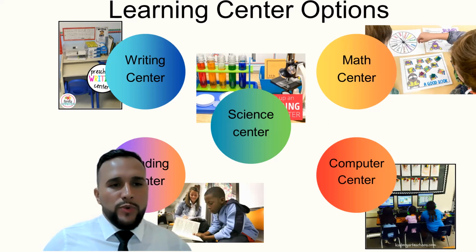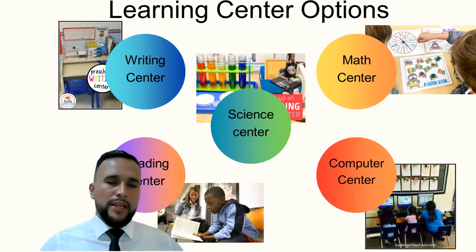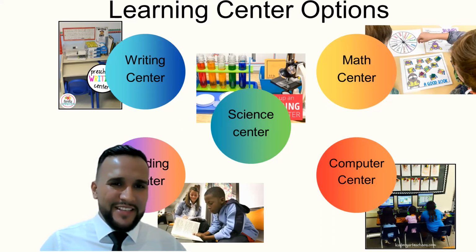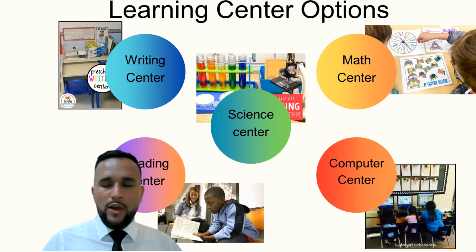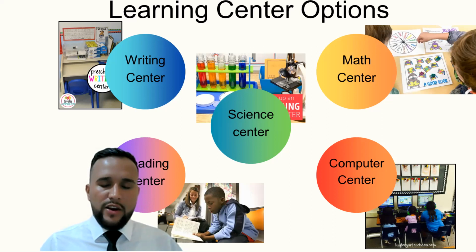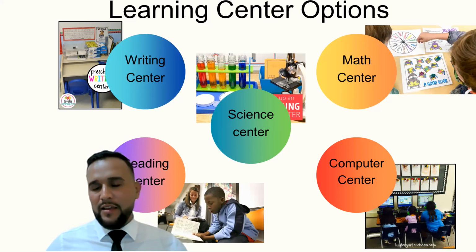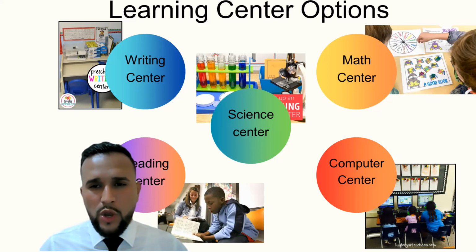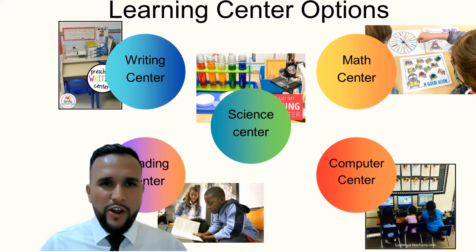For example, in the writing center, you can play some activities that will help students express the things that they learned during that day, or in the science center, they can put into practice what they learned during the class. In math, this could be an opportunity for them to help each other solve some exercises.